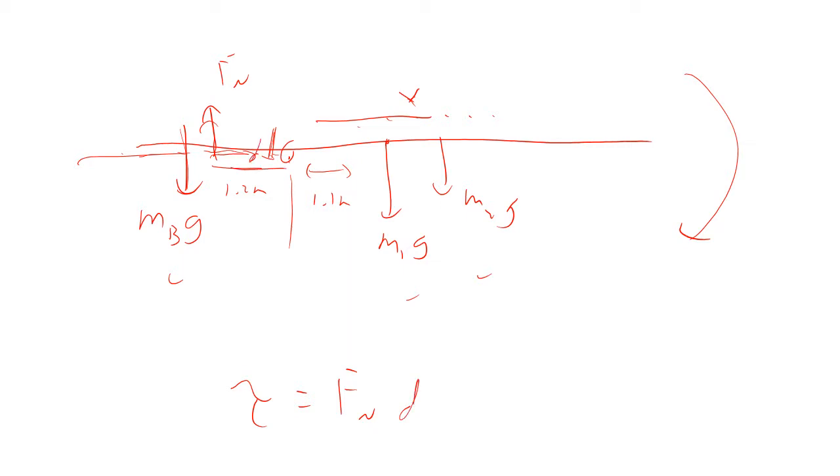Now, eventually that reaches the pivot point, so that goes to 0. When that happens, there's no more torque available from the normal.